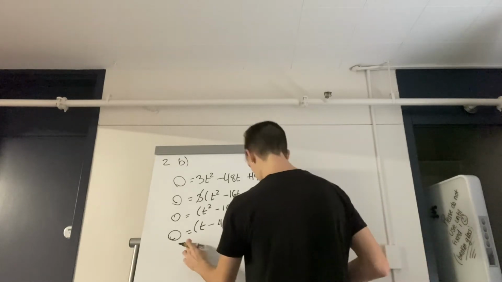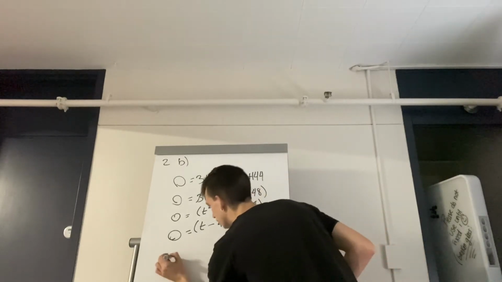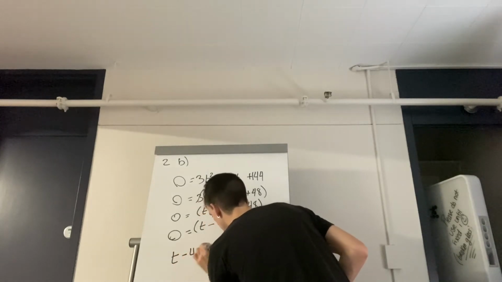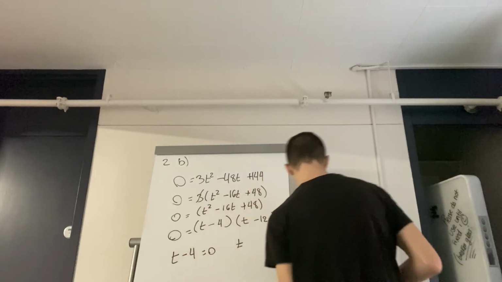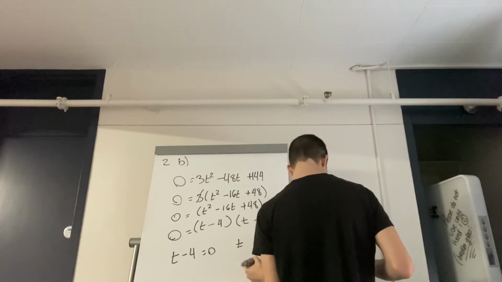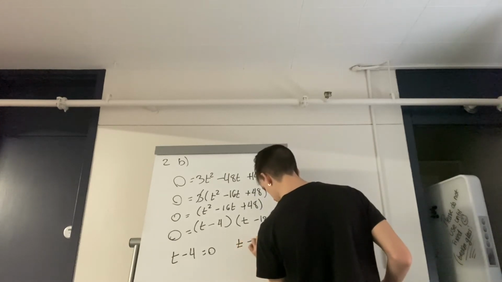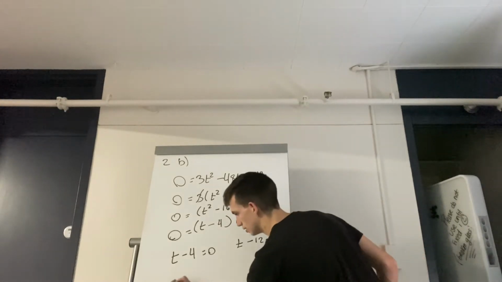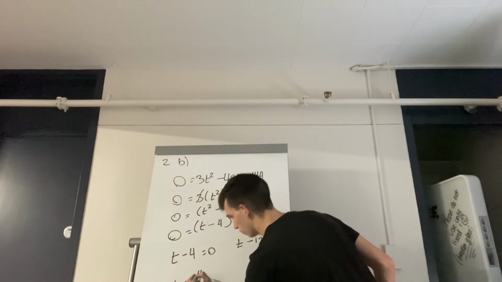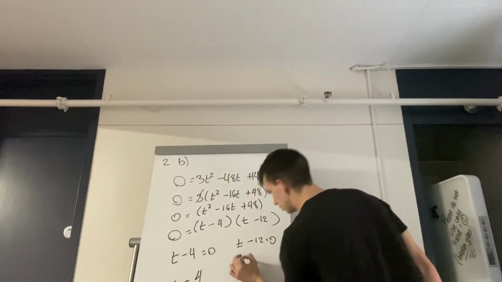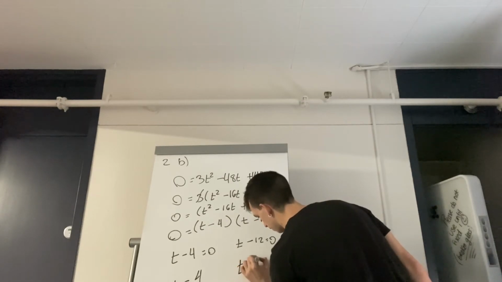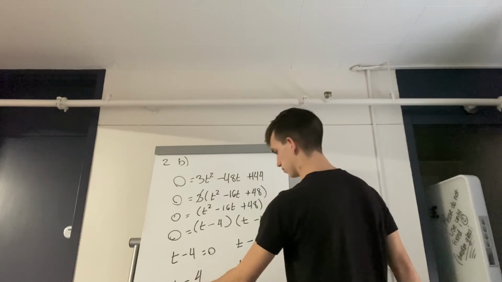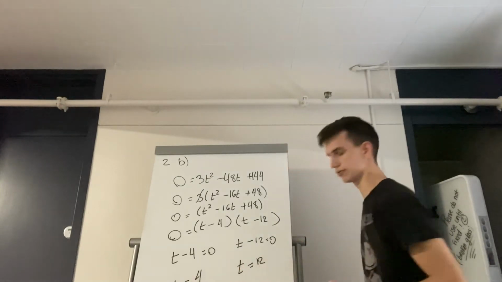And since it's set equal to 0, we can break these apart. t minus 4 equals 0, and t minus 12 equals 0. So t equals 4 and t equals 12. So the bead stops at either 4 seconds or 12 seconds.